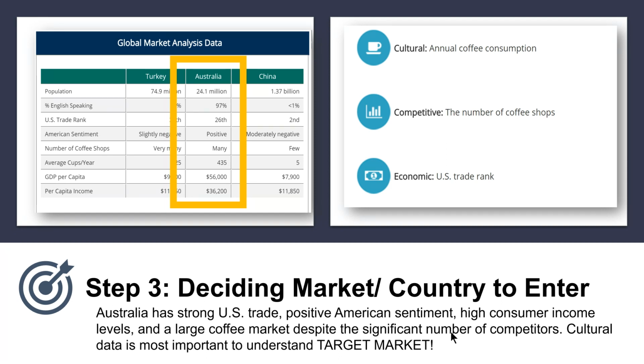And since you already have a good understanding of the economy, I think that the best choice here would be the cultural. Competitive is good, but you really need to know, what are their needs and wants and desires? So the cultural data, aside from the global market data, is super critical. So in this simulation, that was the right choice. Australia, and asking for the cultural data.